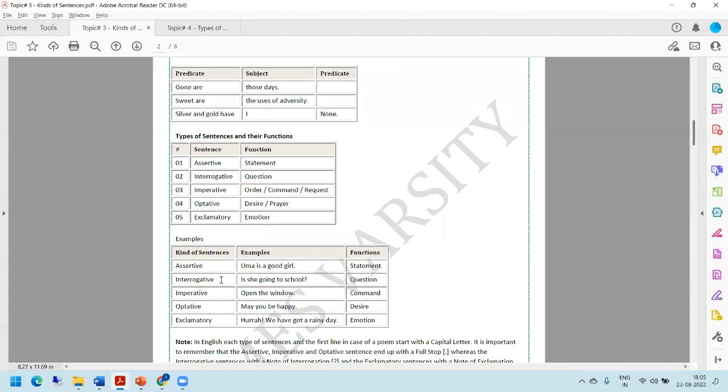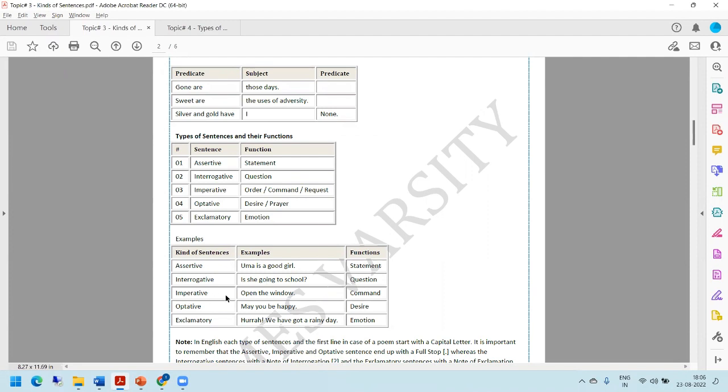Interrogative is all about asking questions. As you can see here, is she going to school? Now a question is asked in this sentence. So such sentences are called interrogative sentences, where the question is asked. Similarly, somebody will ask me, right? Like, do you provide business English training? So that is an interrogative sentence.